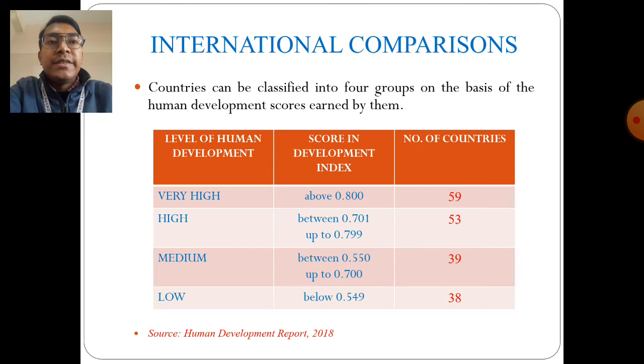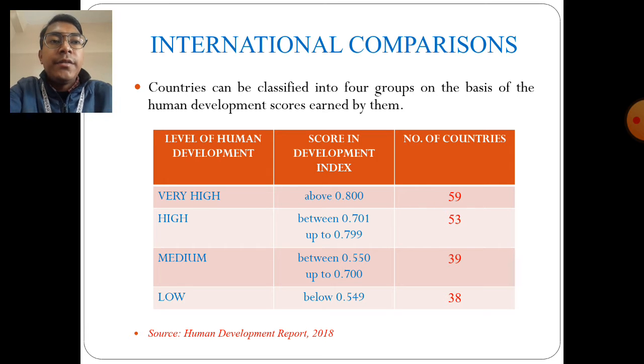The countries can be classified into 4 groups on the basis of the human development scores earned by them: very high level of development, high level of development, medium level of human development, and low level of human development. The data which we are seeing here is from 2018, the human development report of 2018.